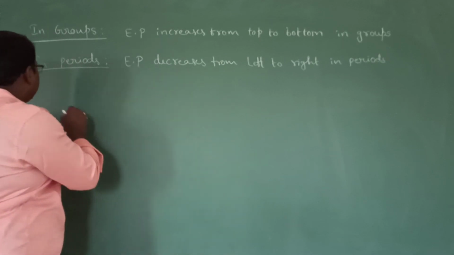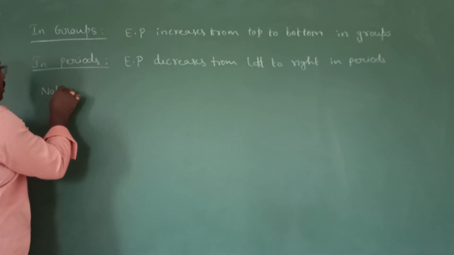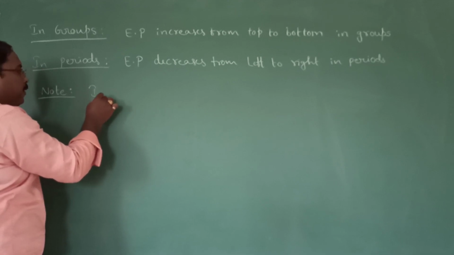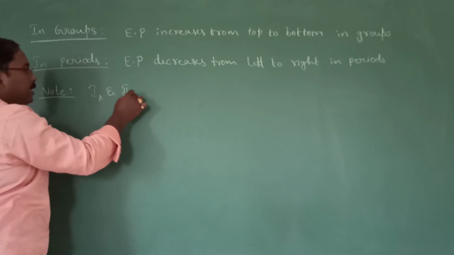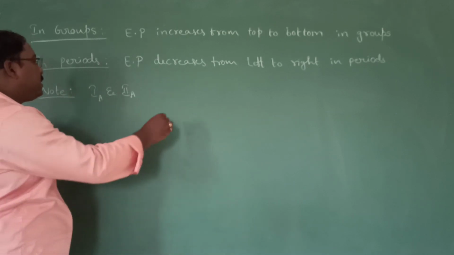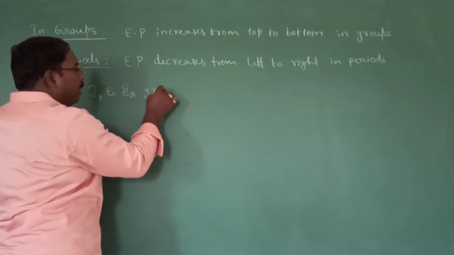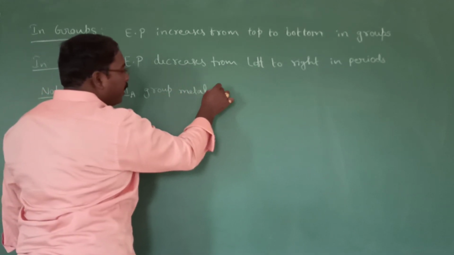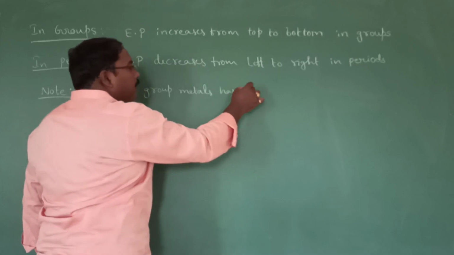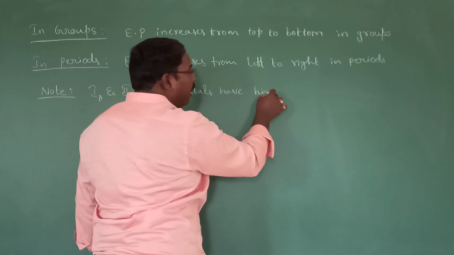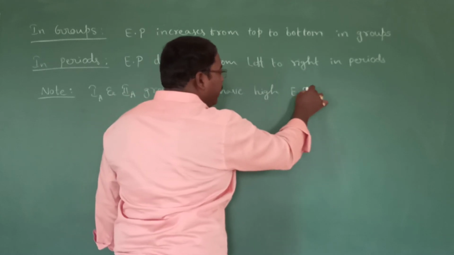Which group elements will have more electropositivity? The first A and the second A, nothing but alkali and alkaline earth metals. Those two group elements have high electropositivity.